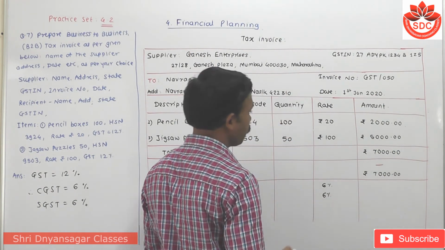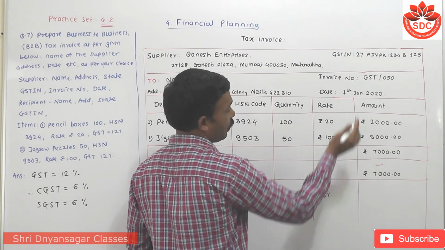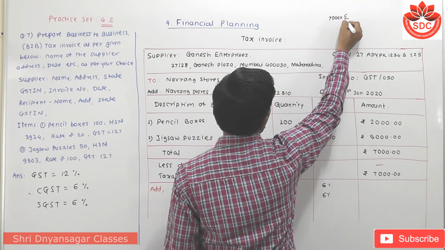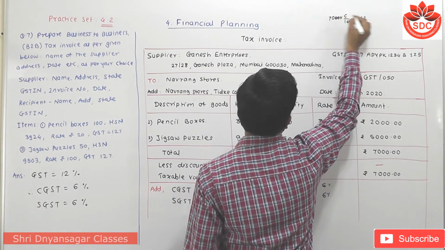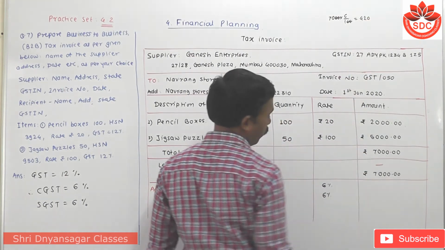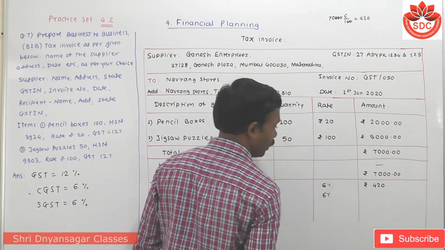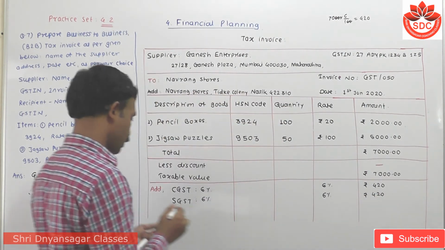Here is also rate of 6%. 6% of this 7000, means 7000 into 6 upon 100. These two zeros get cancelled. 7 sixes are 42, means 420. So rupees 420 is CGST and also rupees 420 SGST.